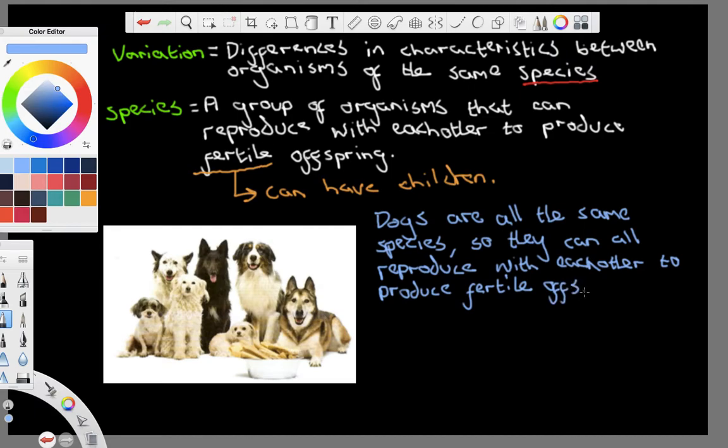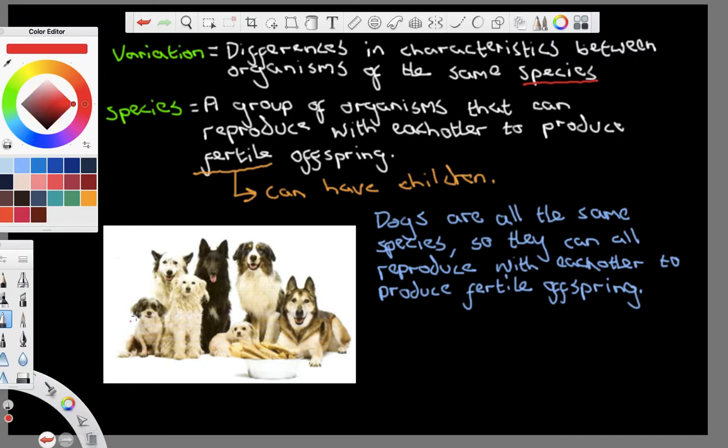Because they're all the same species, any dog can reproduce with any other dog to produce fertile offspring, therefore they are the same species. But the reason they look so different is because there is a lot of variation between them.